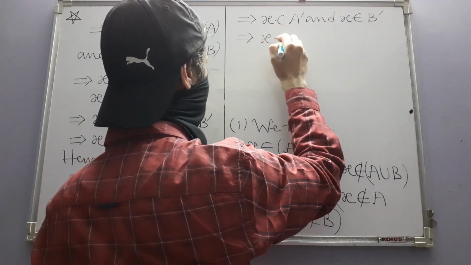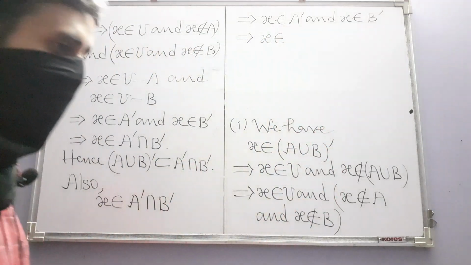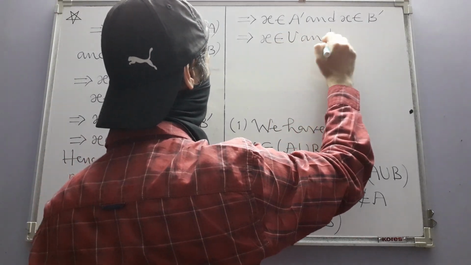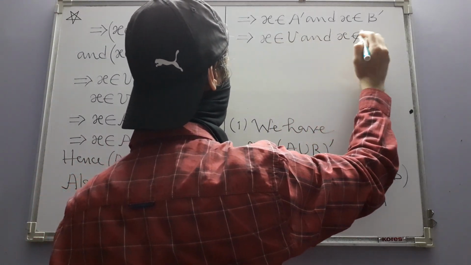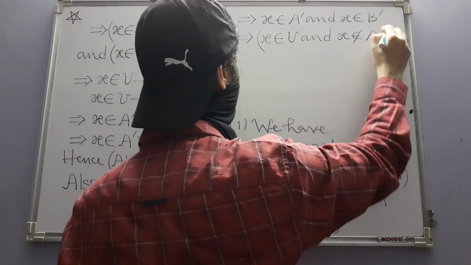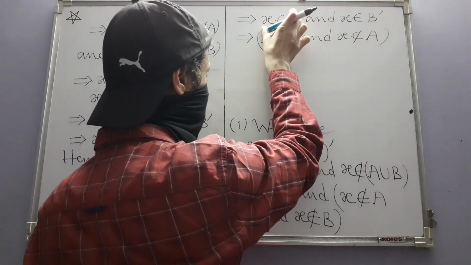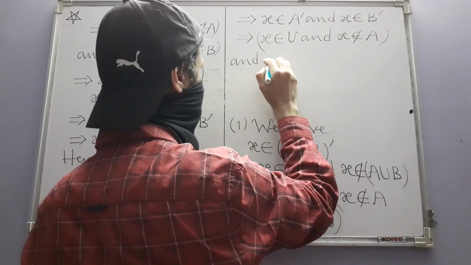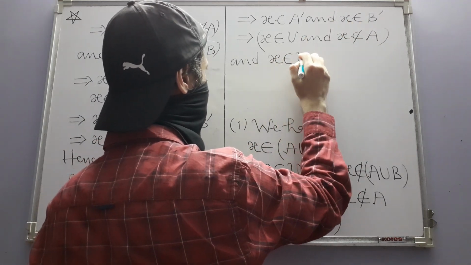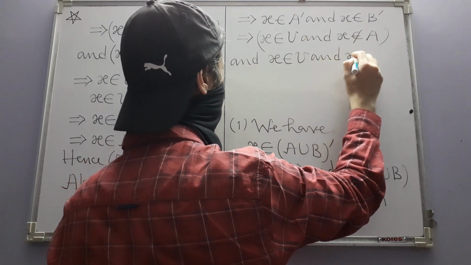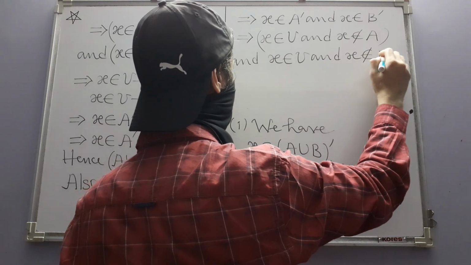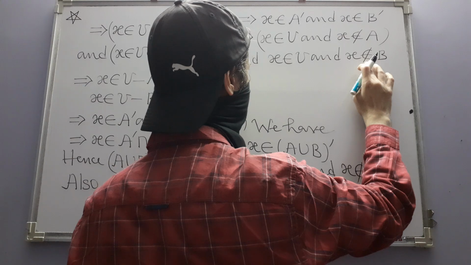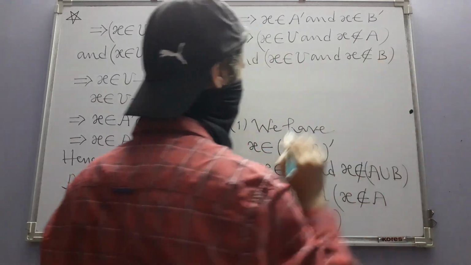So let me straight away write X belonging to A complement means that X belongs to U and X does not belong to A. This is this, and that other statement means this. Oh, sorry. No, I'm correct. See, I also got confused.